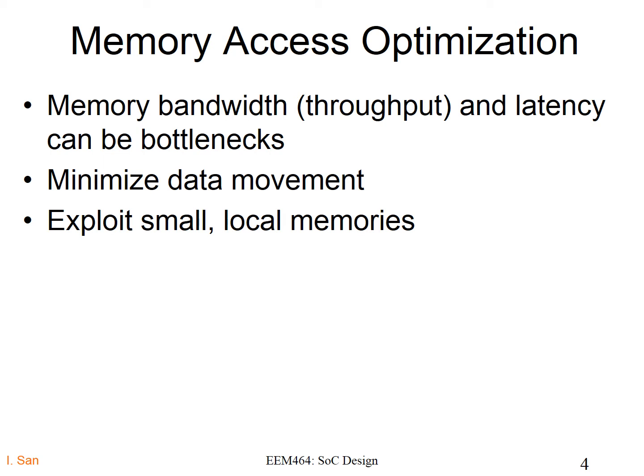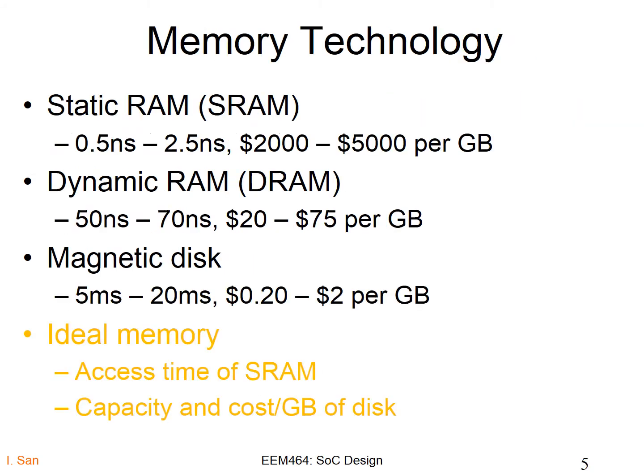Then you don't need to go every time to a main memory which is slower than your local memories. So how can we exploit this? Because of the data reuse available in most applications, if you understand how to exploit the data reuse, you can improve your application faster than before.